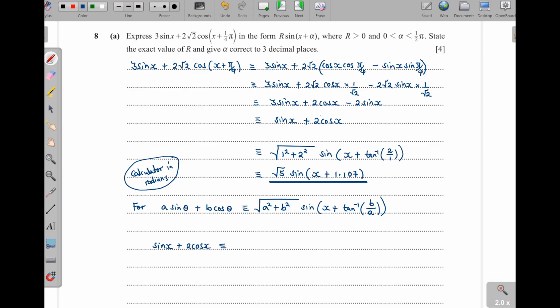This one has to be written in the format r then sine. So let me even write here alternatively. So we have sine x then plus 2 cos x is equal to r sine, then you have x then plus alpha.